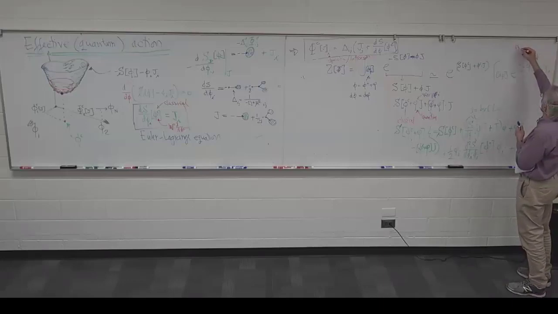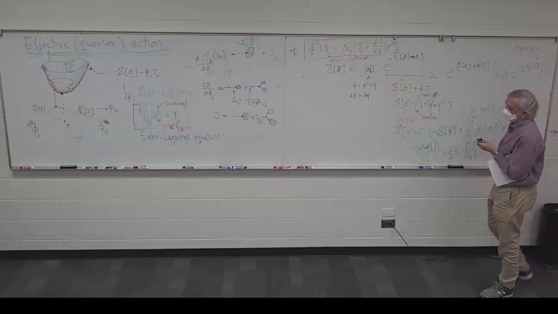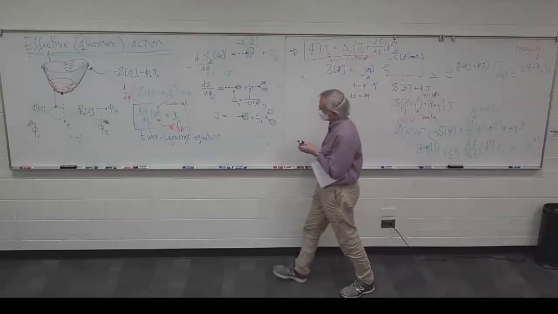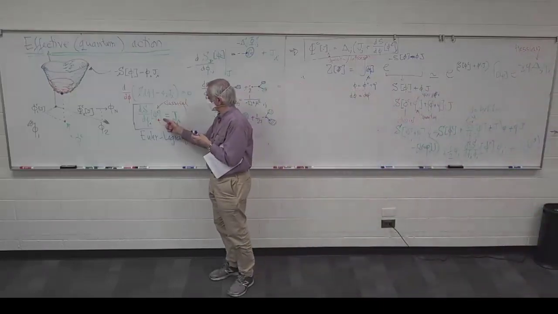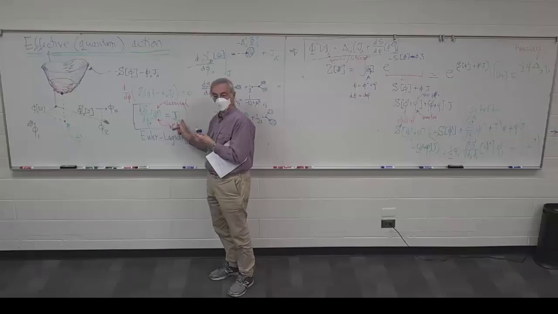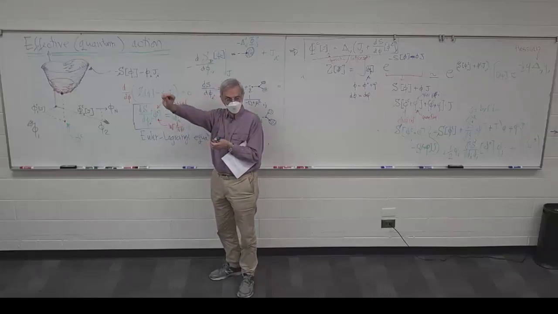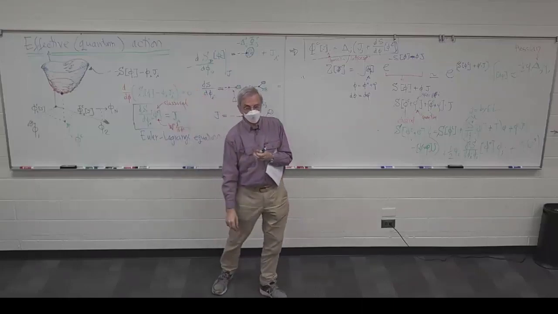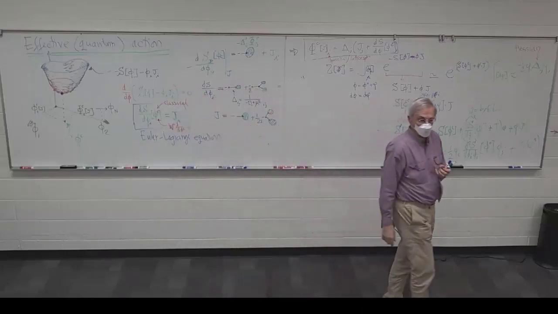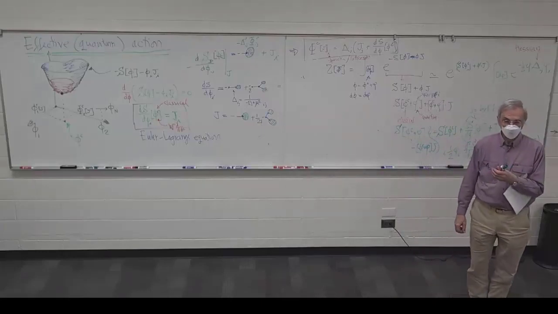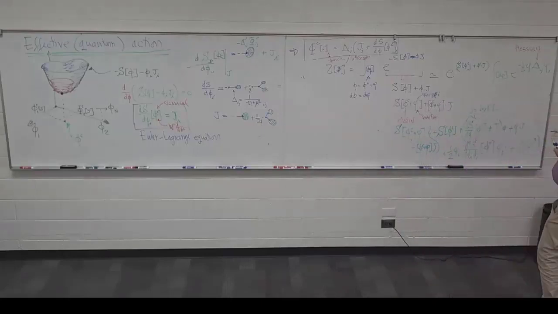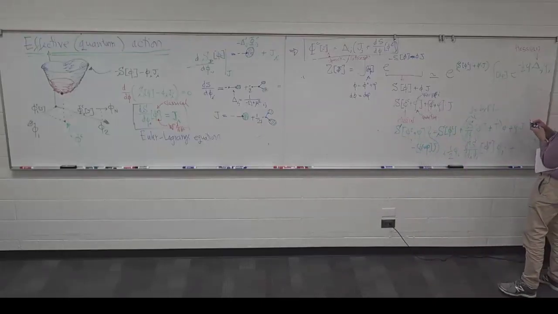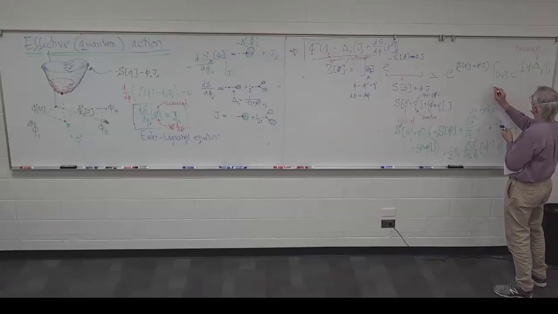So in classical mechanics, this is very important. It's called the Hessian. The first variation in classical mechanics gives you the unique classical solution. What the second variation does is give you the stability of that solution. And now this is the integral we know how to do.